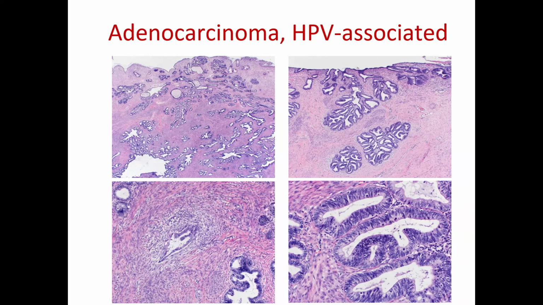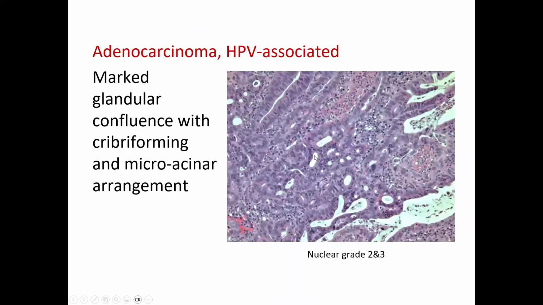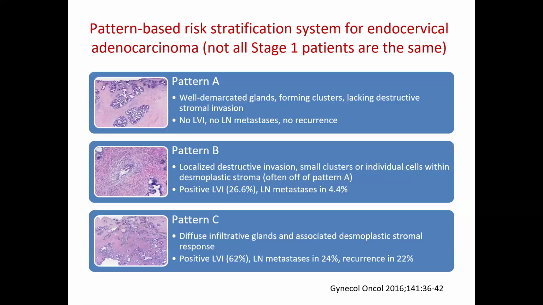They are not pencilated anymore. This is definitely not pencilated. This is grade 3 endocervical adenocarcinoma, very high nuclear grade. You have confluent growth with cribriforming, and this will be easily diagnosed as HPV-associated adenocarcinoma.